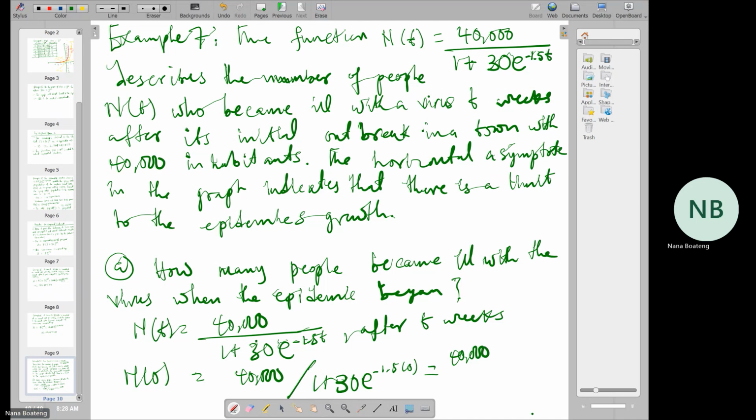Minus 1.5 times 0 is 0, so e to the power 0 is 1. So this will be equal to 40,000 divided by 31. If we divide this on our calculator, it should give us about 1,290.